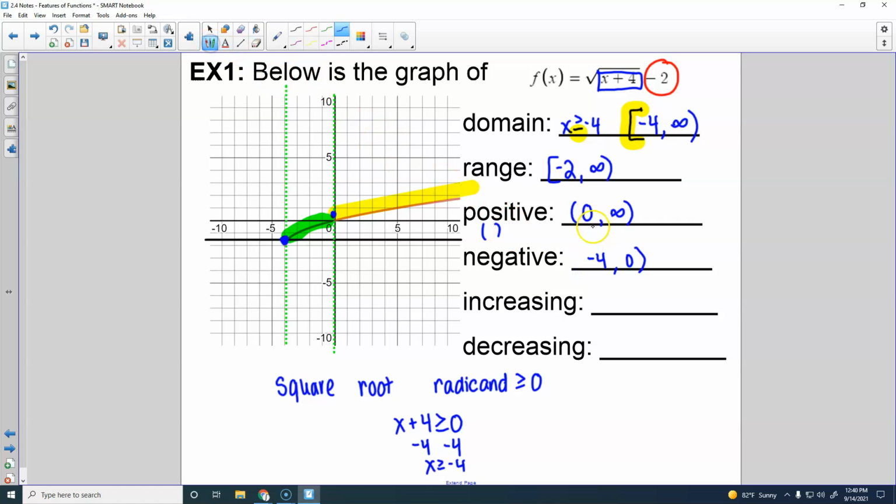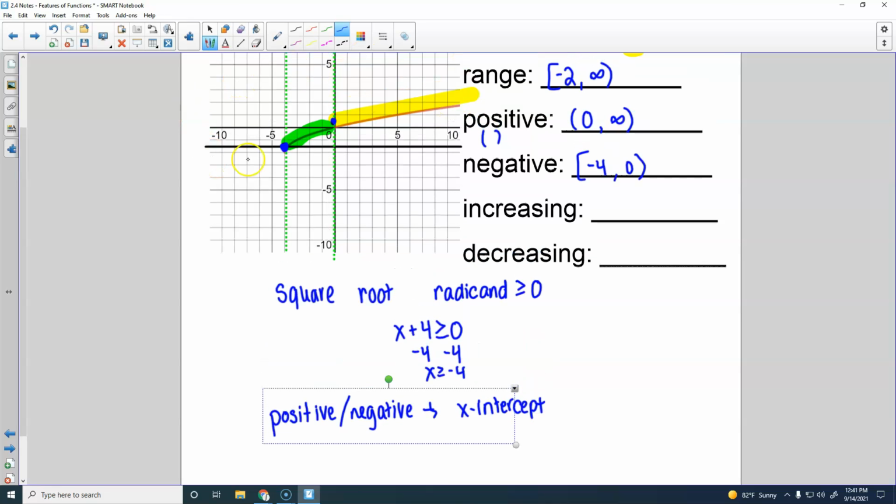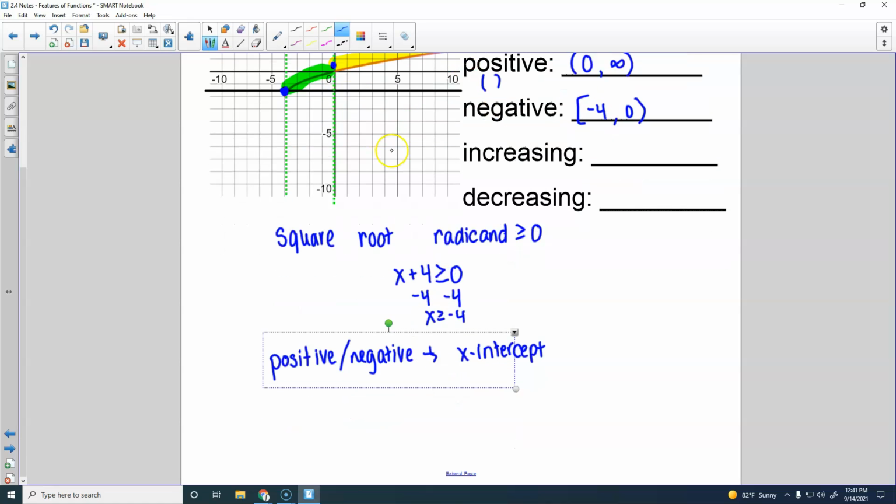I'm sorry. Let me clarify, because I have messed you up by telling you something that was not true. For positive and negative, if the point that you are dealing with is the x-intercept, like in this case, that 0 was my x-intercept, you want to use a parentheses.